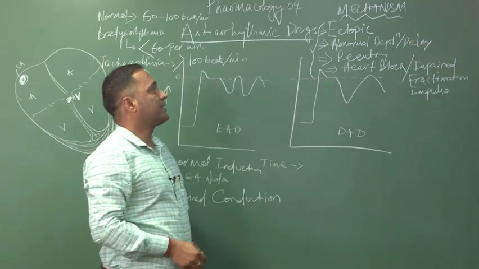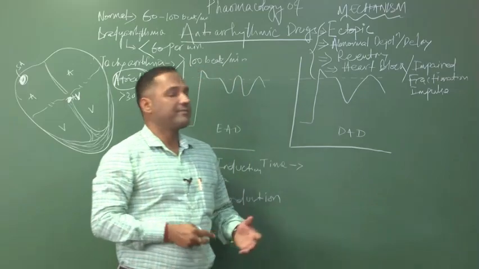The third one is re-entry, and the fourth one is heart block, or impaired fractionation of impulses.